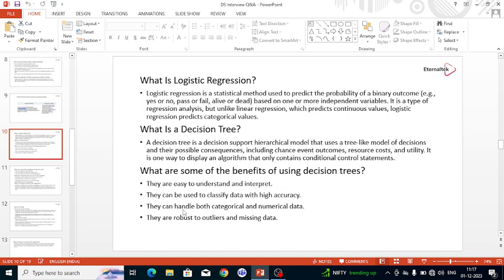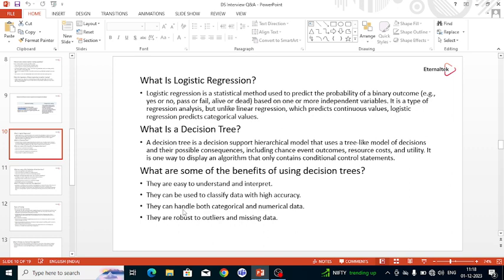Next, what is logistic regression? Logistic regression is a machine learning algorithm. It is a statistical method used to predict the probability of a binary outcome, such as yes or no, pass or fail, alive or dead, true or false, based on one or more independent variables.